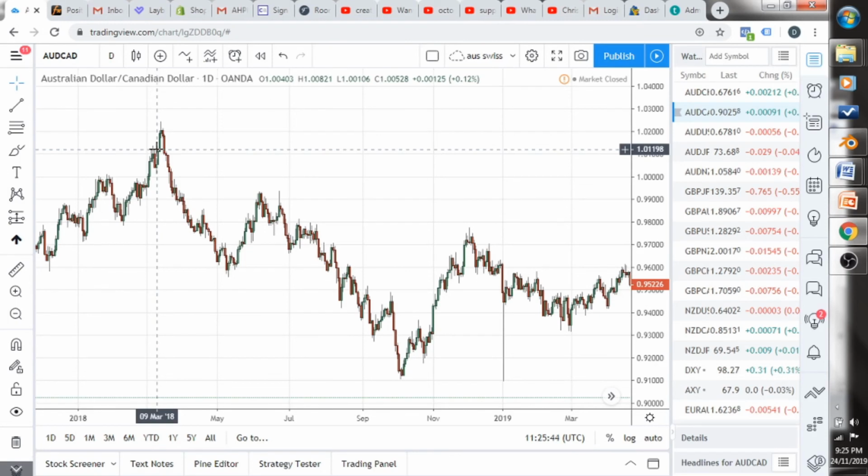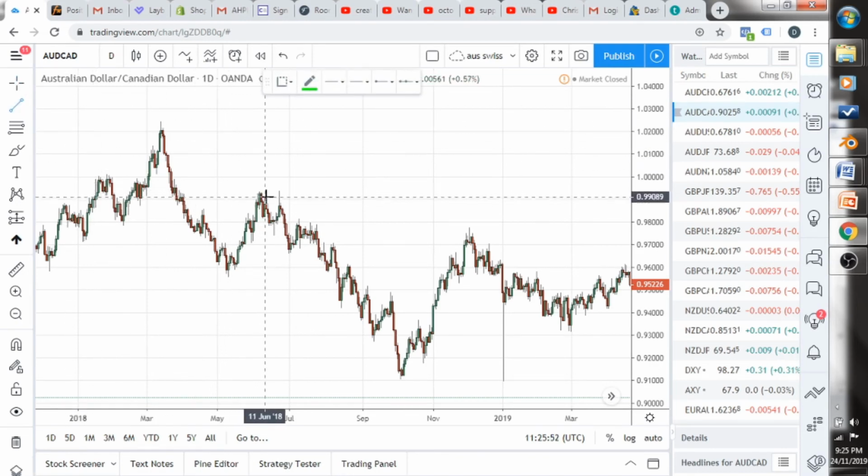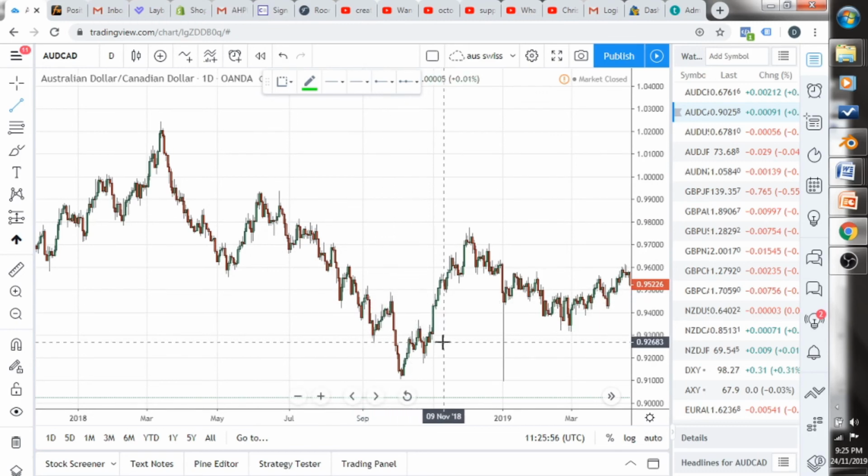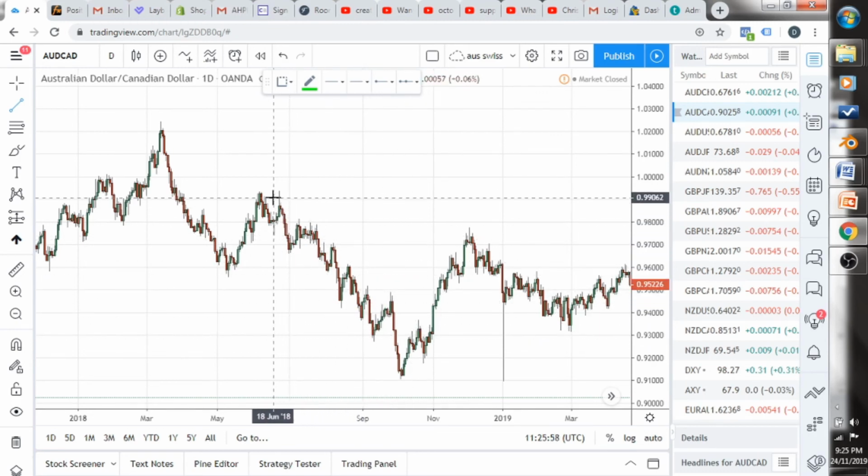Let's go back to the Aussie CAD chart on the daily time frame, and we'll grab our trend line tool over here, and you can see how the price of the Aussie CAD has moved lower over time. Now, if you remember from market structure, a downtrend is where it's created lower highs and lower lows.